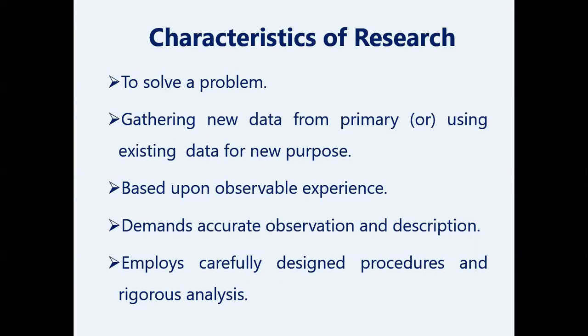So that is a rigorous analysis where you have to avoid all the exceptions, all the factors which will affect your experimentation. So research is actually a careful employment of your designed procedure and rigorous analysis. This statement deals with this idea.